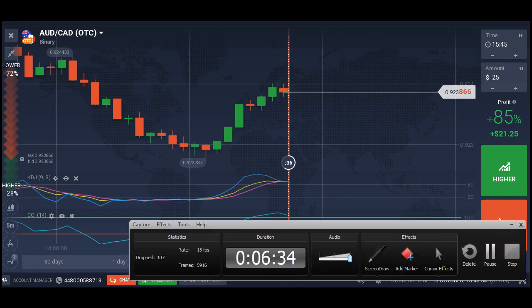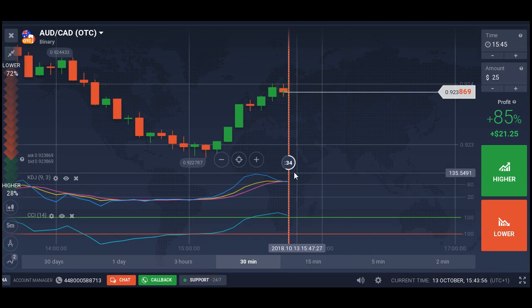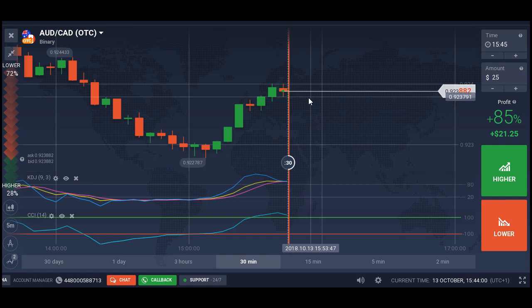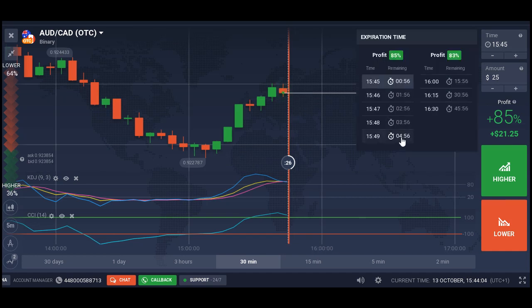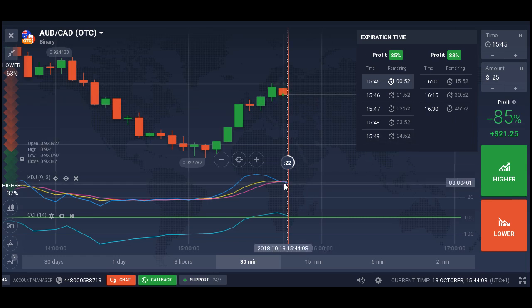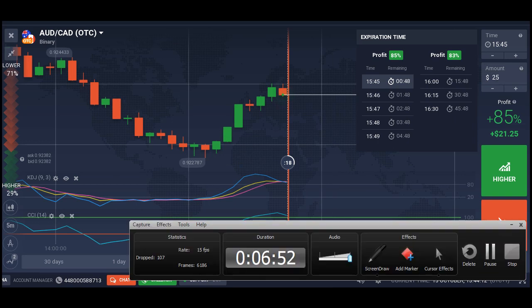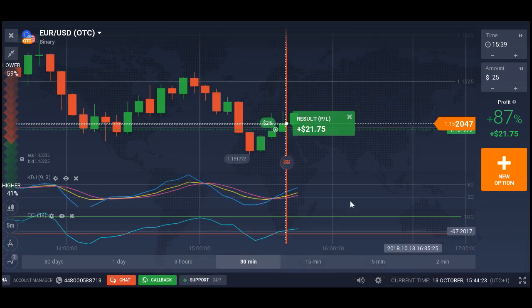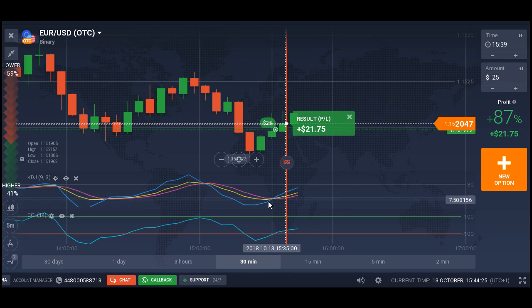Okay, now let's wait for it. A new candle opens in the next 1 minute, let's wait. This was the one trade. Look at how the blue line intersected here.